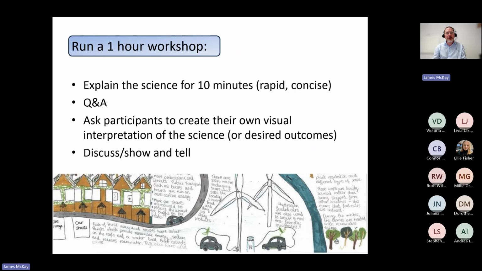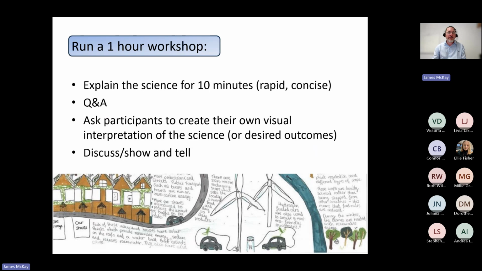So this is something that you could do within other projects, your own project. So if you convene an event, you can explain some of the climate science, for example, for a few minutes, get people to ask questions about it, maybe have a bit of discussion, bit of interactivity, and then give about half an hour for people to create their own interpretation of the science or the desired outcome.